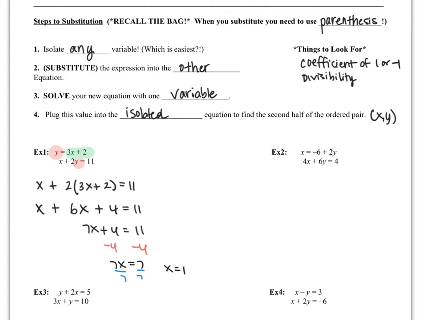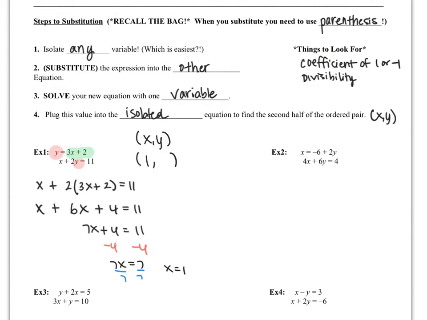But remember, this is only half of my solution because my solution is an ordered pair. So I have 1 comma, and I'm still looking for my y. So now in order to find my y value, I'm going to go back to my isolated equation, which says y equals 3 times x plus 2.